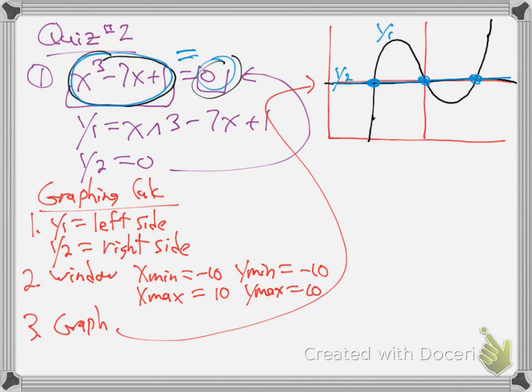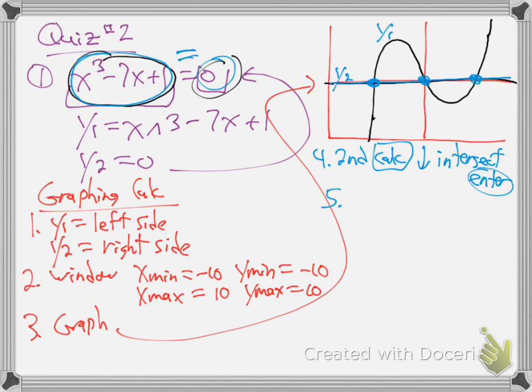Step 4, you push second calc button, which is above the trace. When you do that, you move down and choose intersect and hit enter.